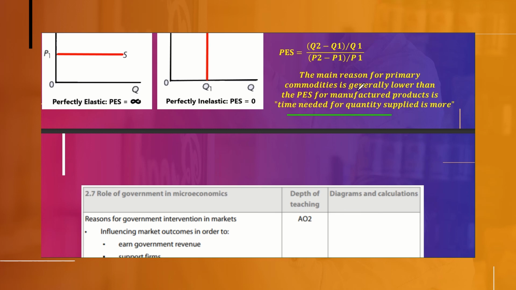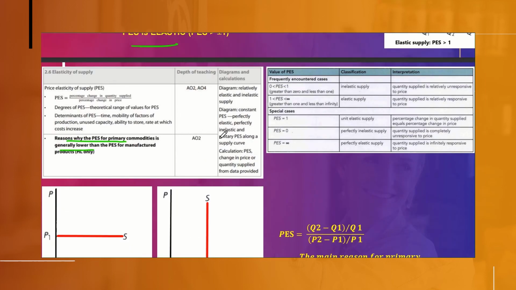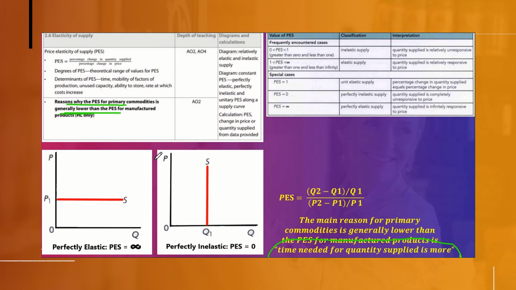So for primary commodities, the PES is generally lower. Time needed for quantity supplied is more in the primary sector. That's the reason PES is inelastic, generally lower than for manufactured products.